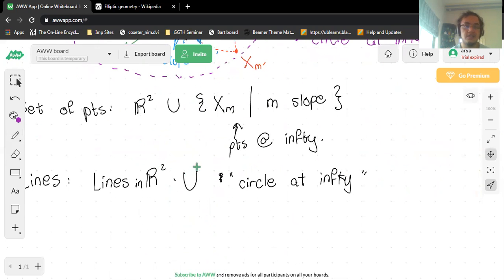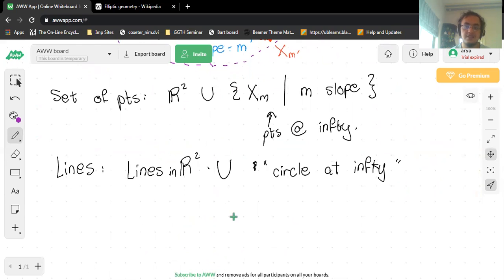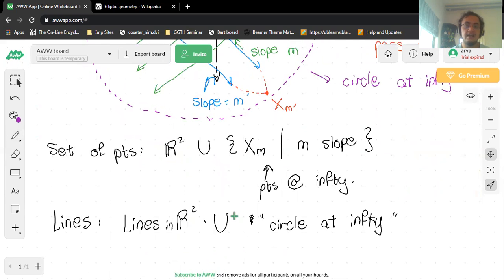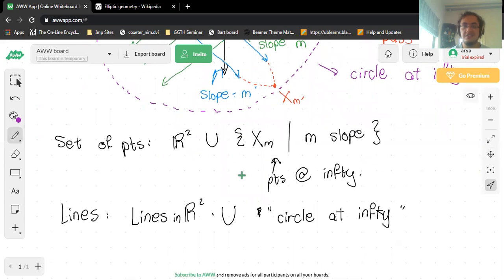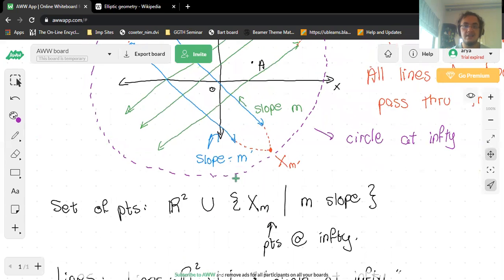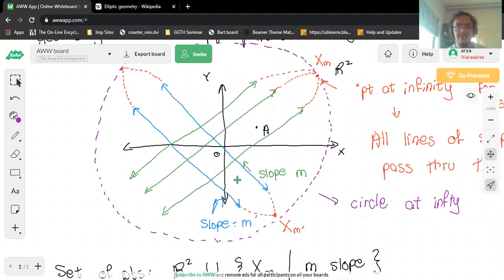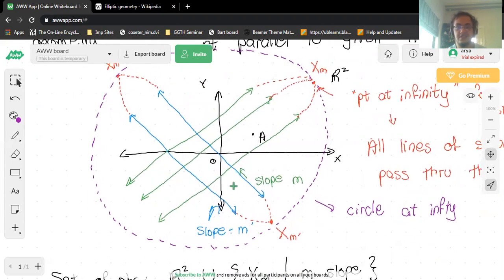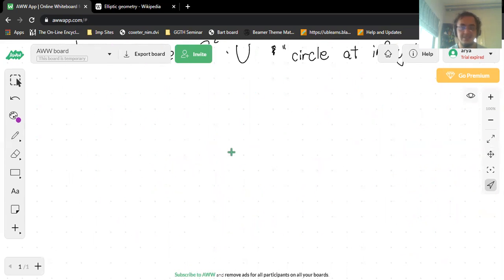So now your set of points is R2 union these extra points, which we call the points at infinity. Your lines are lines in R2 union the circle at infinity. And now you can see that between any two points, there is a unique line. There is a way to define distances quite nicely here. In fact, I can tell you what the notion of distance is.